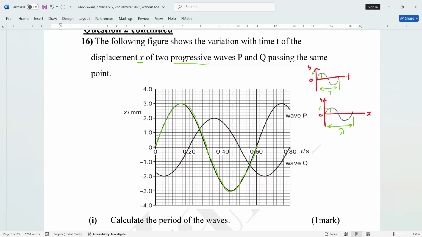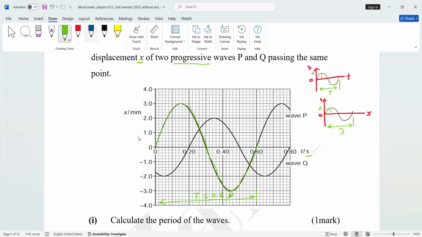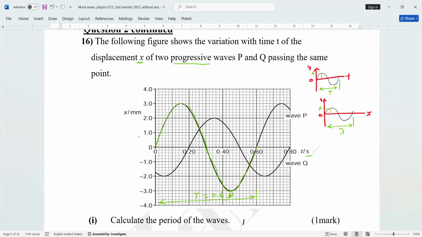So this is the time period. So the time period is 0.6 seconds. So the time period denoted by T, 0.6 second. He said calculate the time period. So the time period from the graph equals 0.6 second. This is number one.